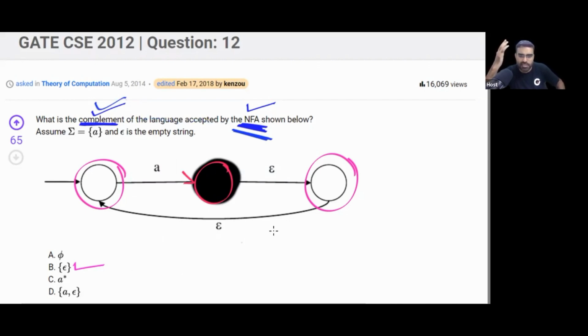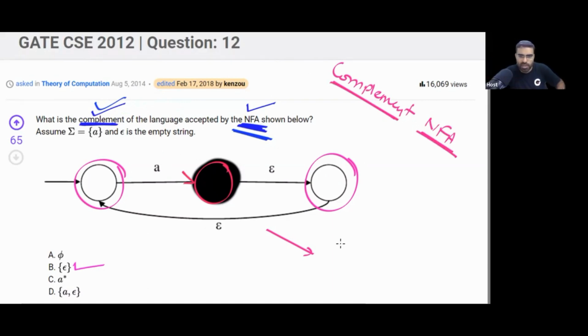Now you tell me what is the answer. They will complement the states. They will only see these two words, complement and NFA. Then they will complement all the states.